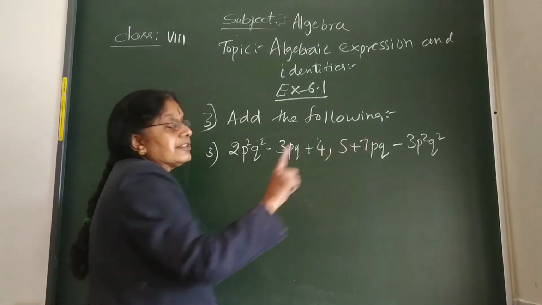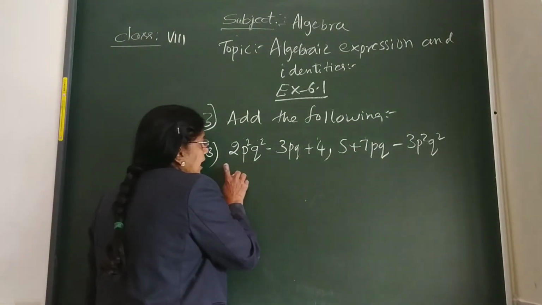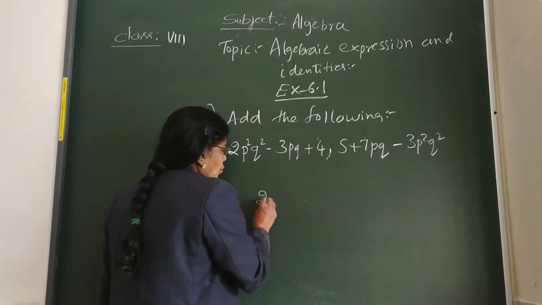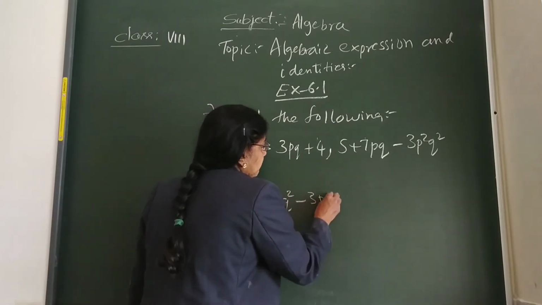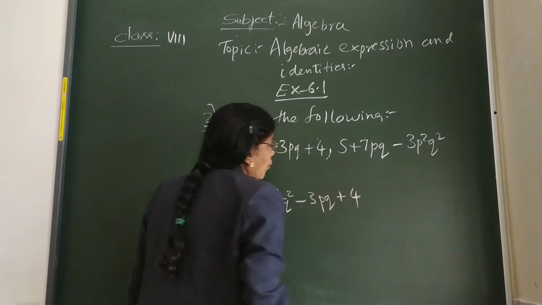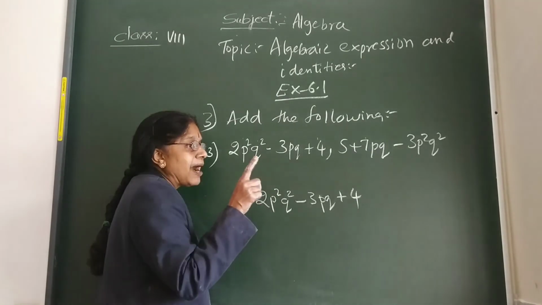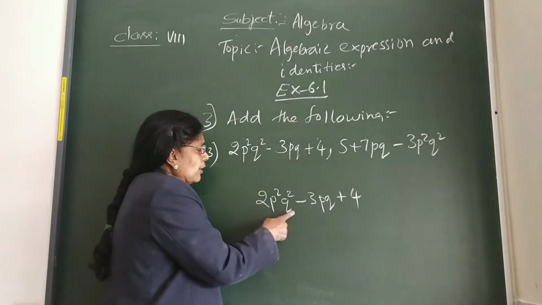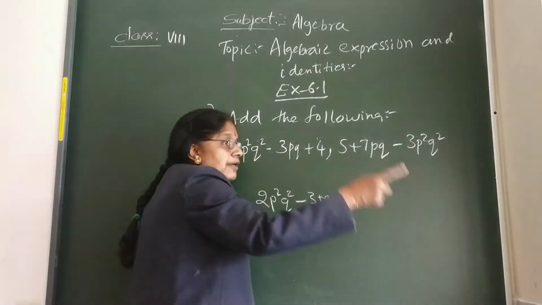Here all the terms are different, so we can take vertical. First I will write down this one: 2p square q square minus 3pq plus 4. Below that I will write down the second trinomial. So p square q square is there. Below p square q square should only come.